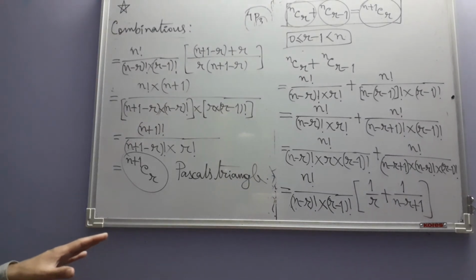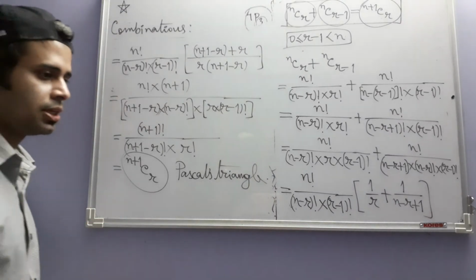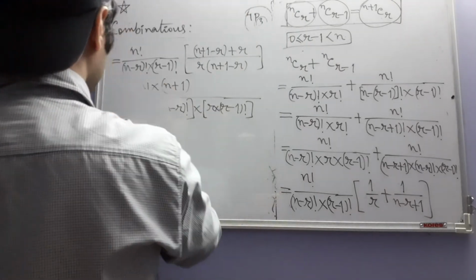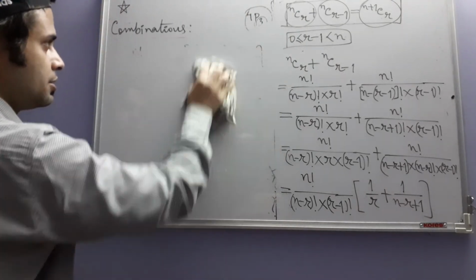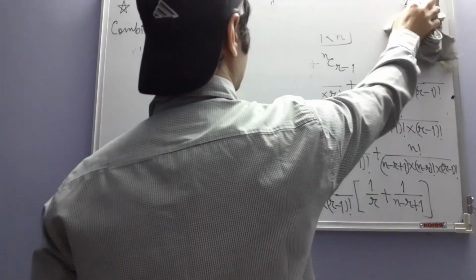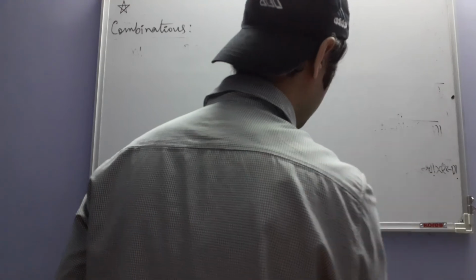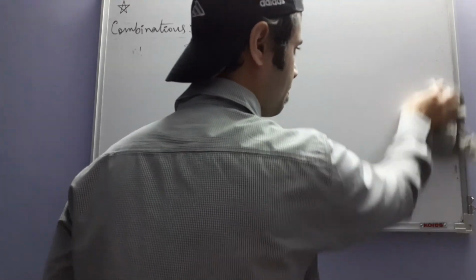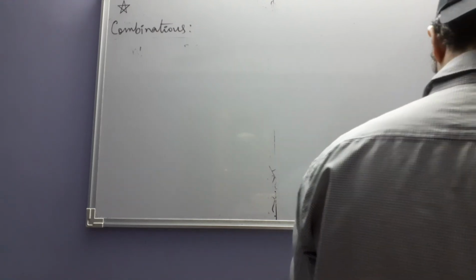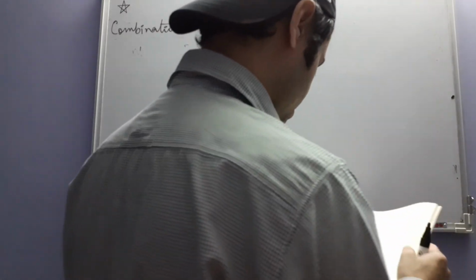We will come across this when we study the binomial theorem. Now, having seen some elementary properties of these coefficients, we are now going to go to the actual problems. So the problems look like this.